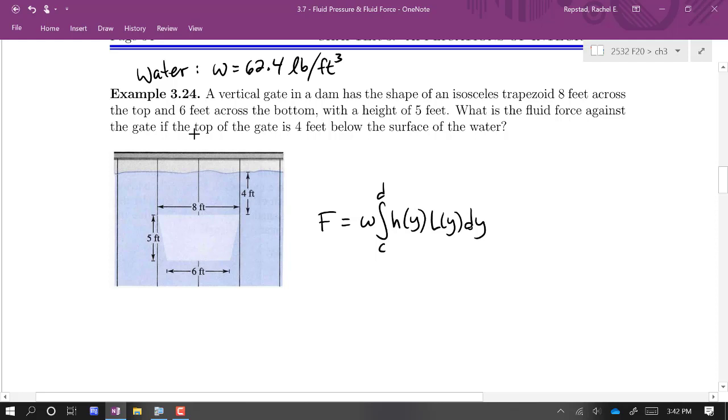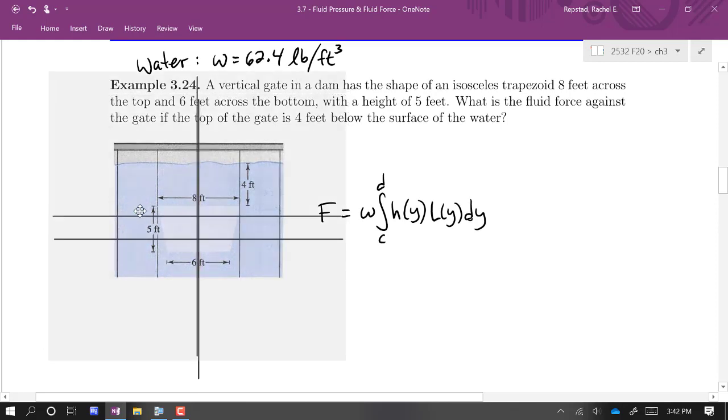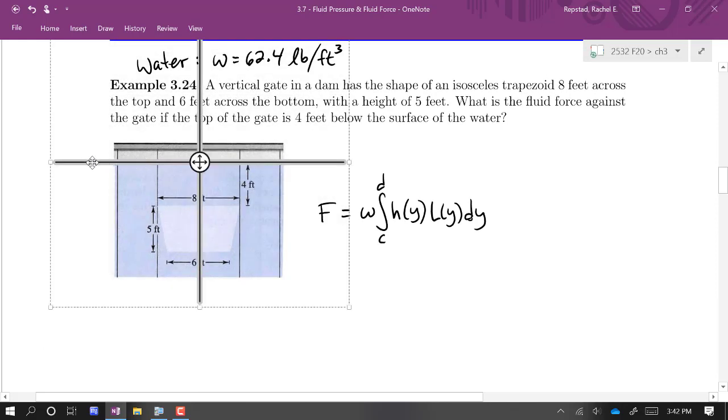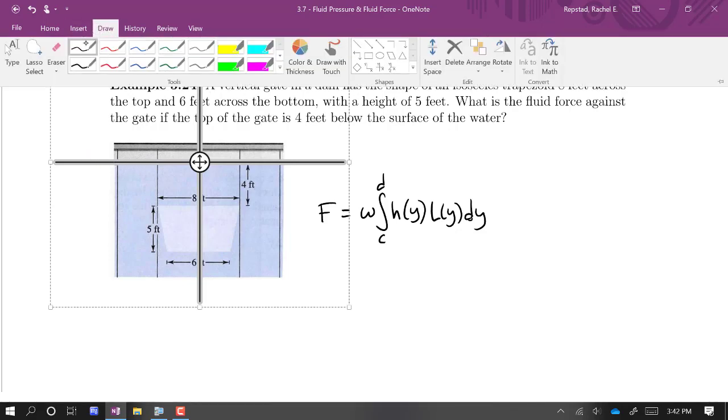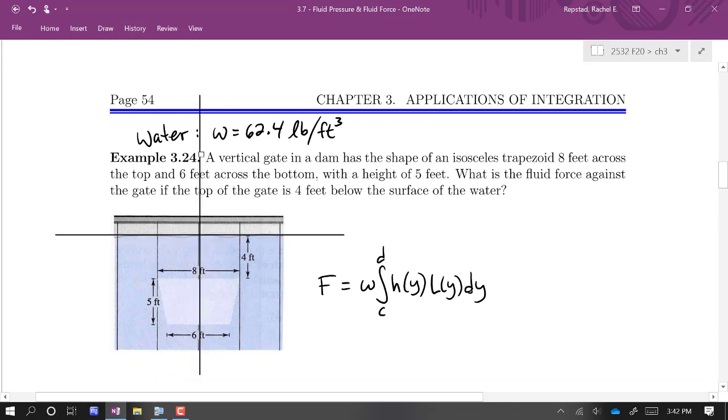So I'm going to draw my coordinate axes. I'm going to draw them so they go straight down the middle, and I'm going to draw it so that the x-axis is at the surface of the water. So the y-axis goes right down the middle.